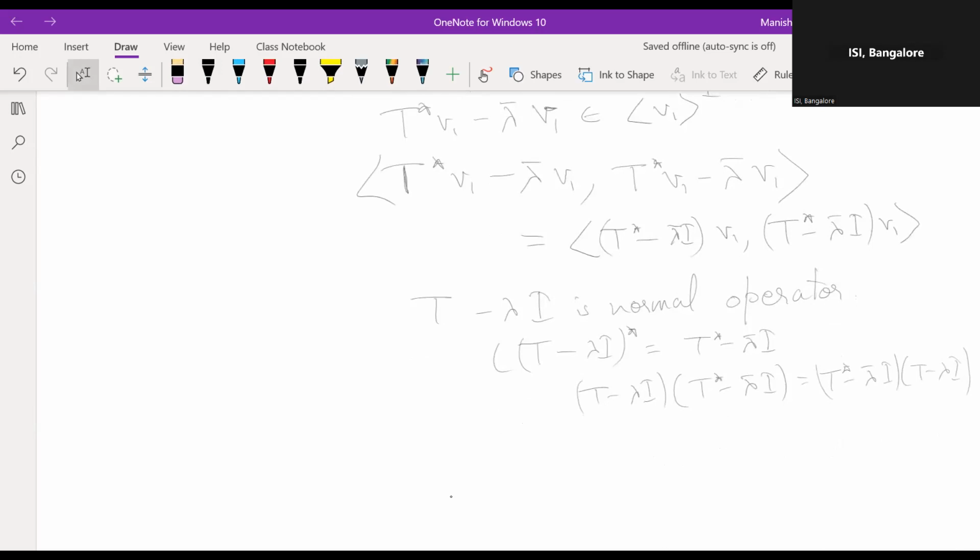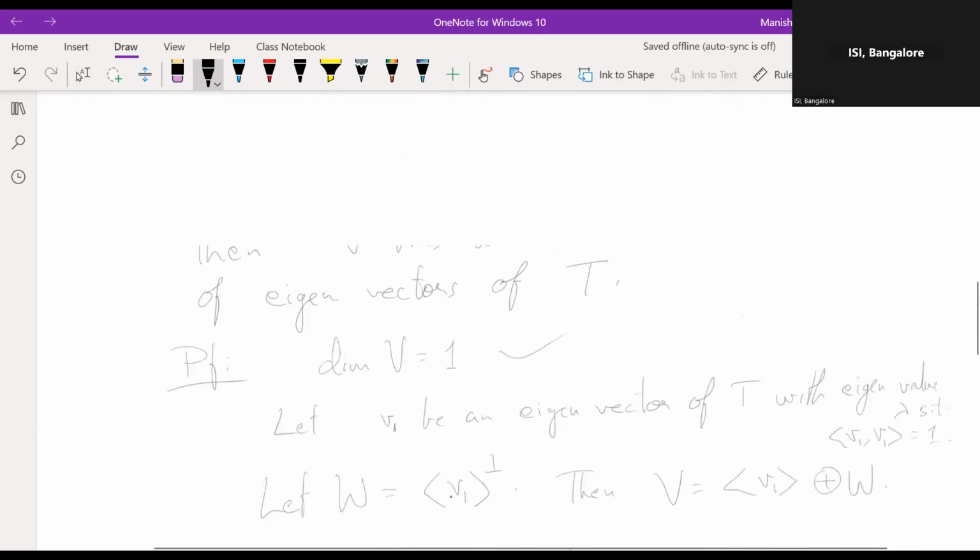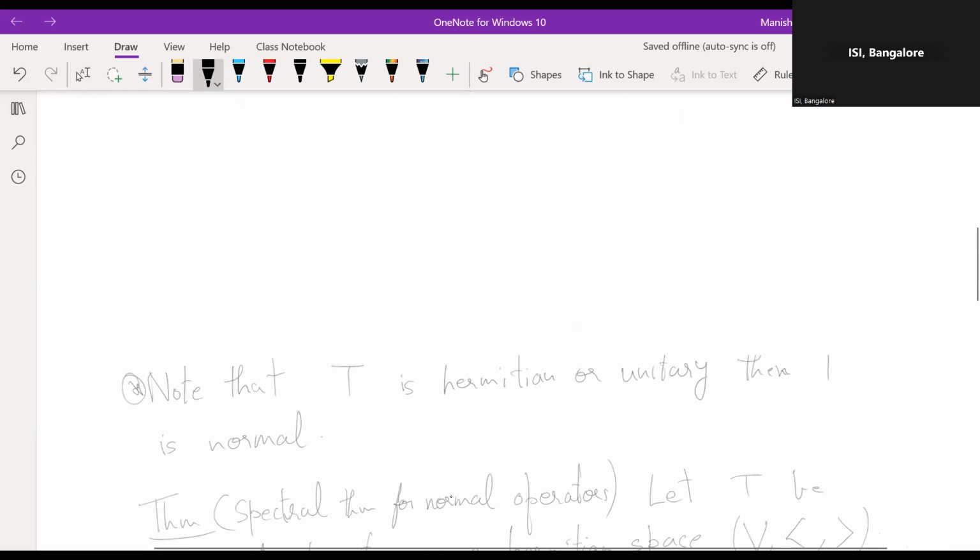So this inner product is the same as ⟨(T - λI)V1, (T - λI)V1⟩. That is the corollary which we proved here.